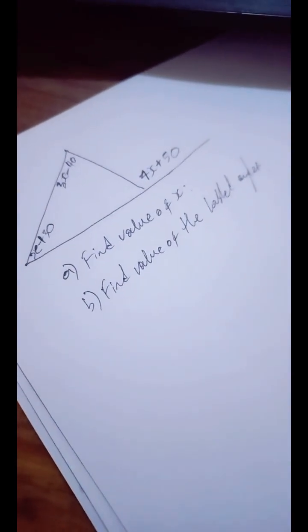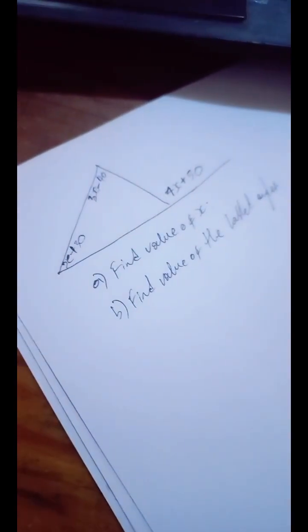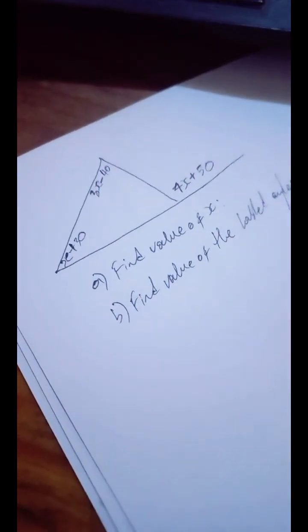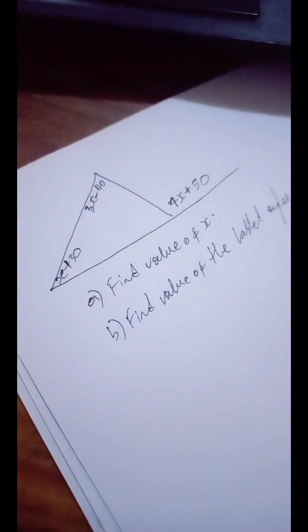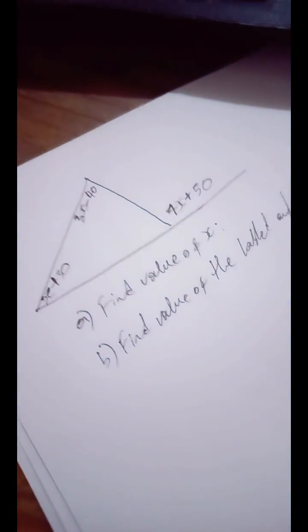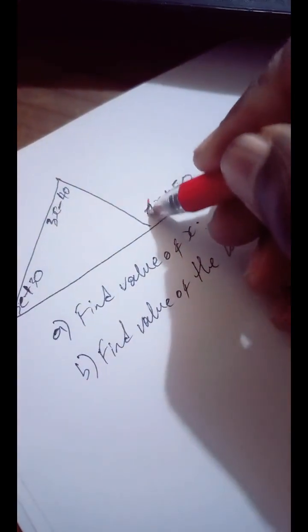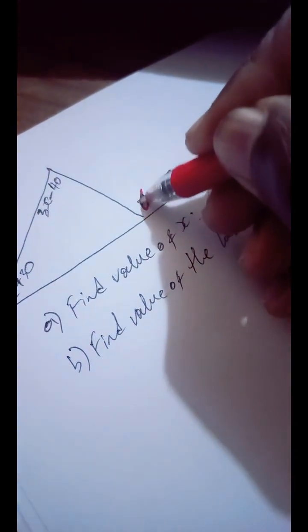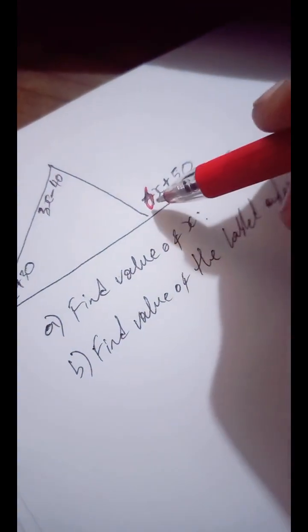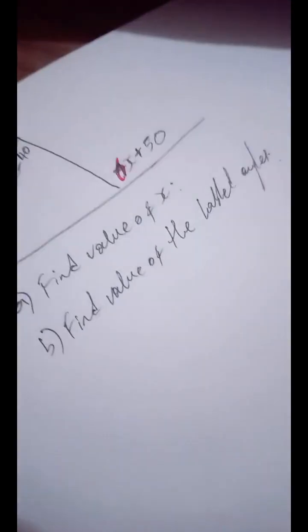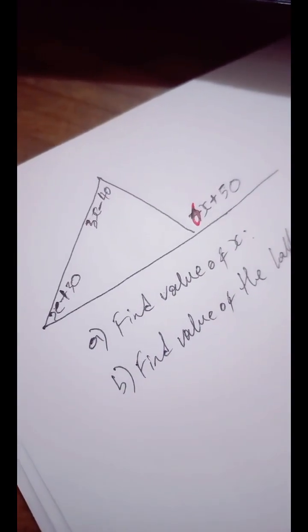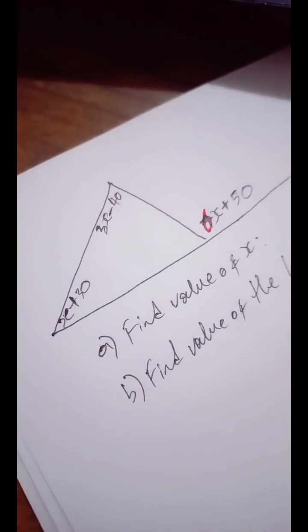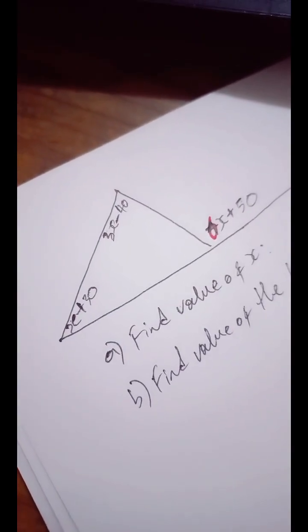Now it's 10:17. Let me give you 2 minutes. 10:19 we start. Guys, please make this a 6x, right? This is a 6x. 6x plus 50. Yes, like that, Nasha.